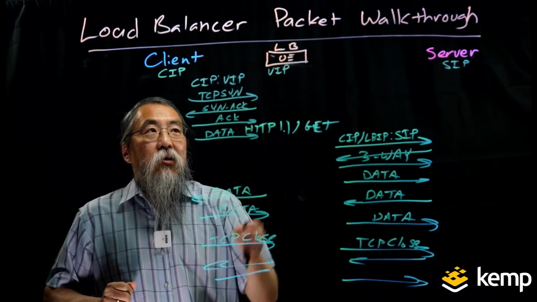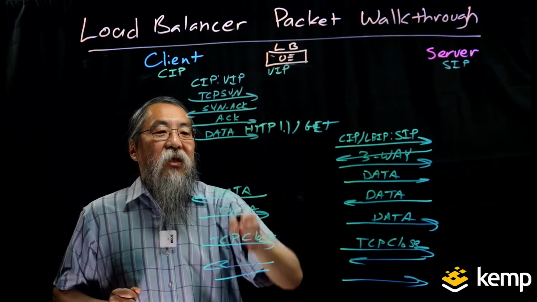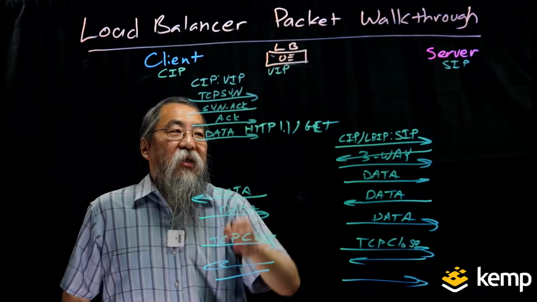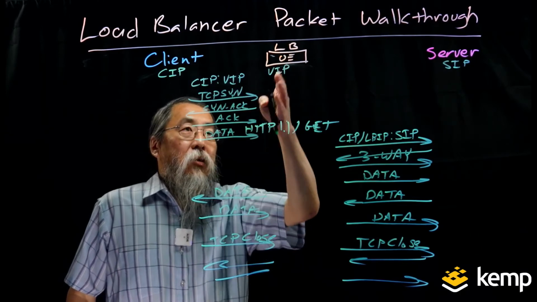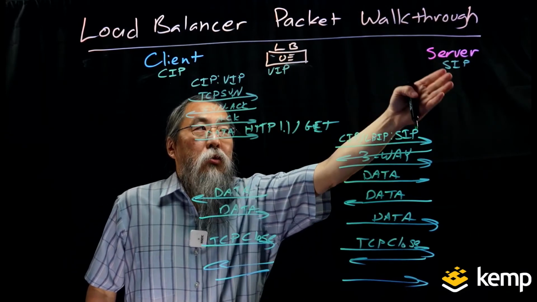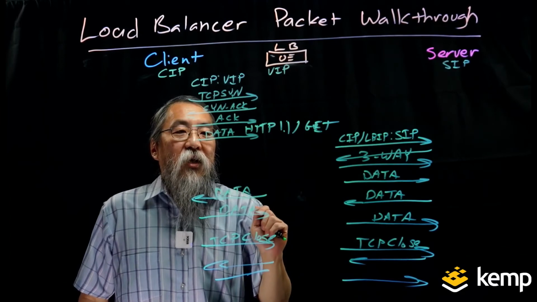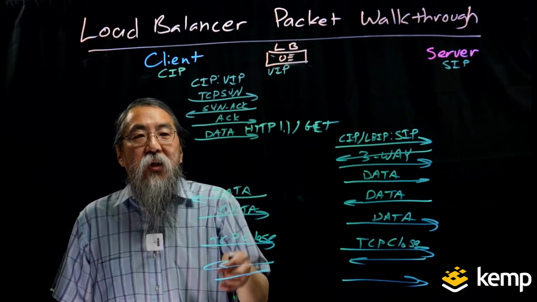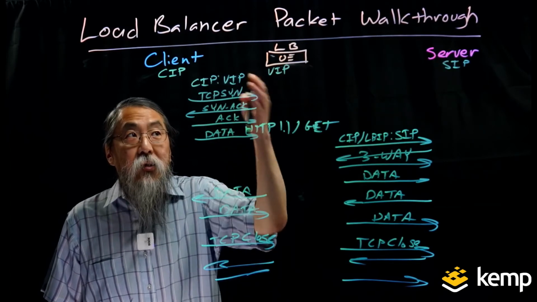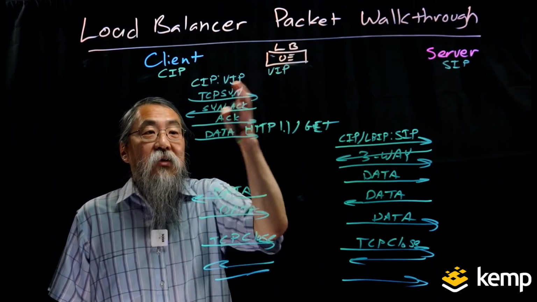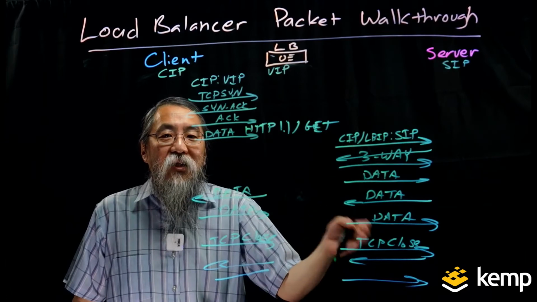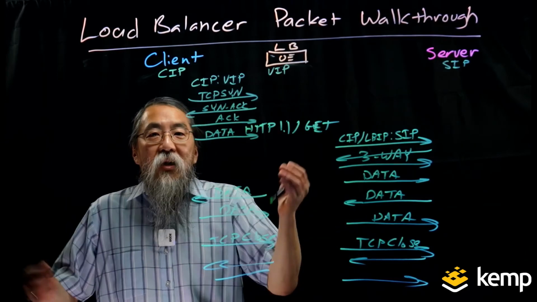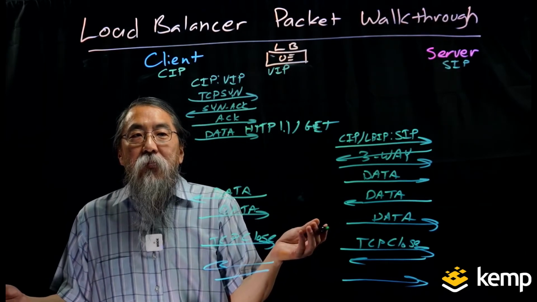So you can see here, the load balancer is doing that IP translation for every single packet between the client through the VIP to the server and the server's IP address. In addition, because it's doing this translation, it's actually doing sequence number translation and more things to make sure that this connection stays established.